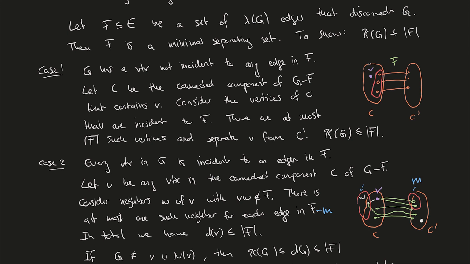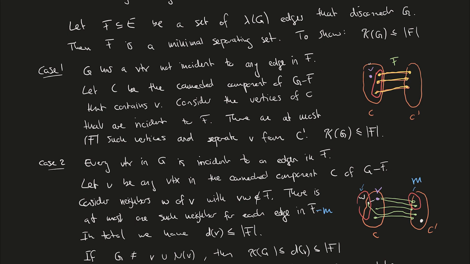The first case is that there is some vertex in the graph that is not incident to any of the edges in F. In this case, we note that we can't have any edges internal to the connected component that belong to F, because otherwise we would contradict the minimality of the separating set F. So in fact, every edge in F has to go between connected components.